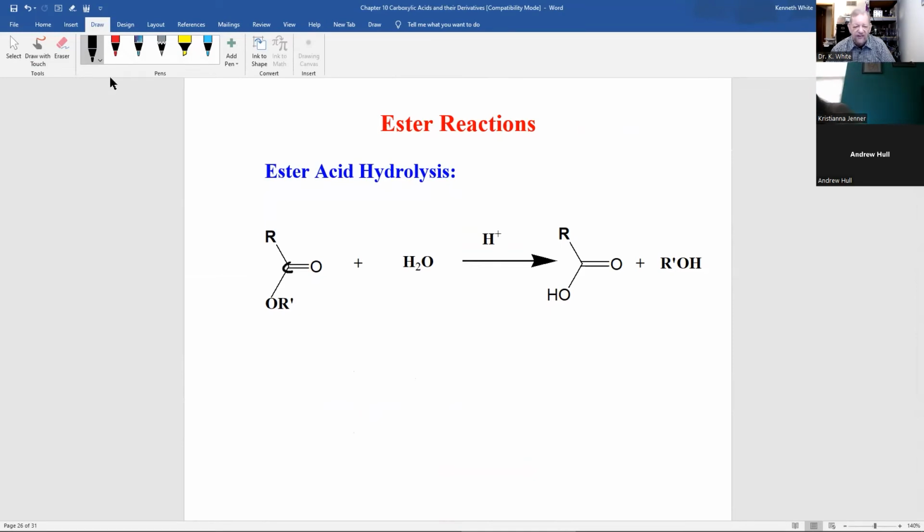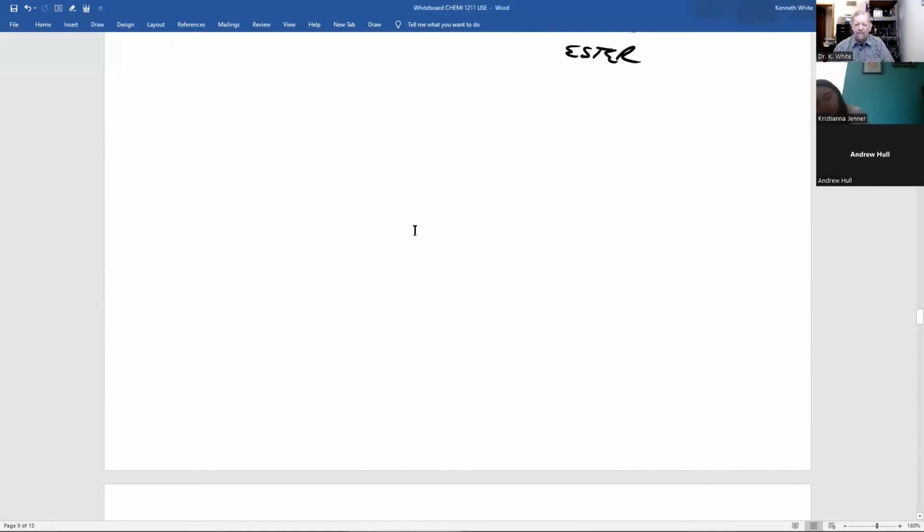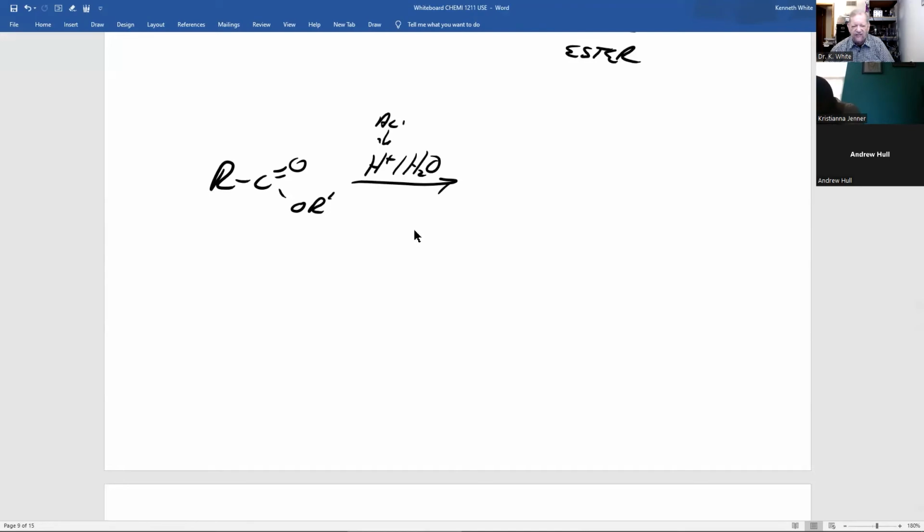You take an ester, react it with water and acid, and you get back the carboxylic acid and the alcohol you would have used to make that ester. So if I have an ester and react it with acid and water, or water and acid, remember H plus means an acid catalyst.